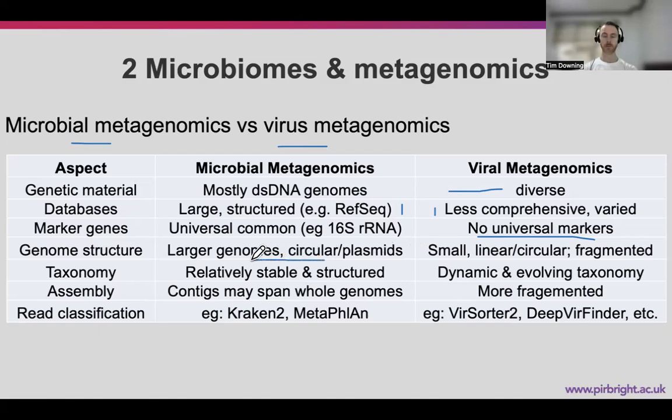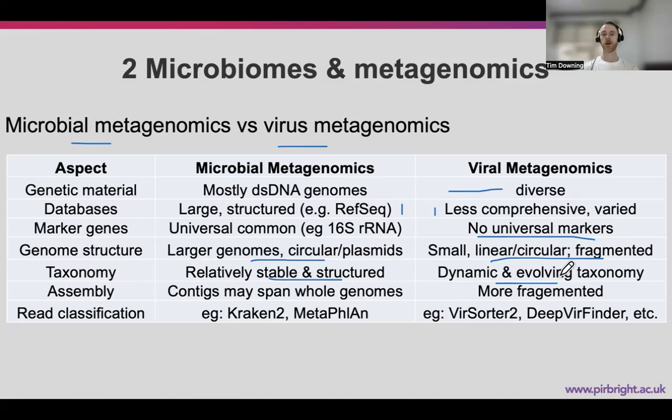Our knowledge of bacterial genome structure is much, much better than viruses, which can be quite diverse, especially ones that are very rare. Bacterial taxonomy is much more stable and structured than that of viral genomes, which evolve more quickly.